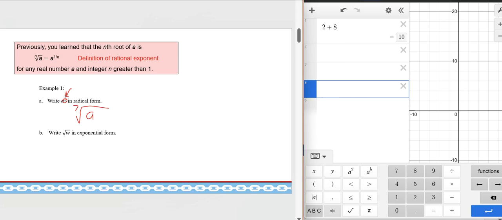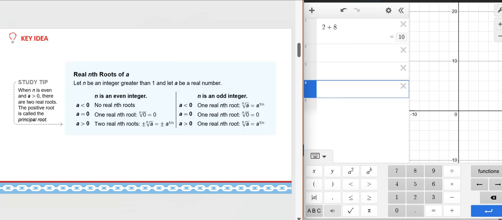So we have the square root of w, and we want that in exponential form. So that w stays as my base, and it has no exponent of its own, so I'm going to have a numerator of 1 and a denominator of 2. So that's w to the 1/2 power. Let me write that a little more clearly, because my fraction bar and my w kind of all connected there. So just a quick review of switching between radical and exponential forms.